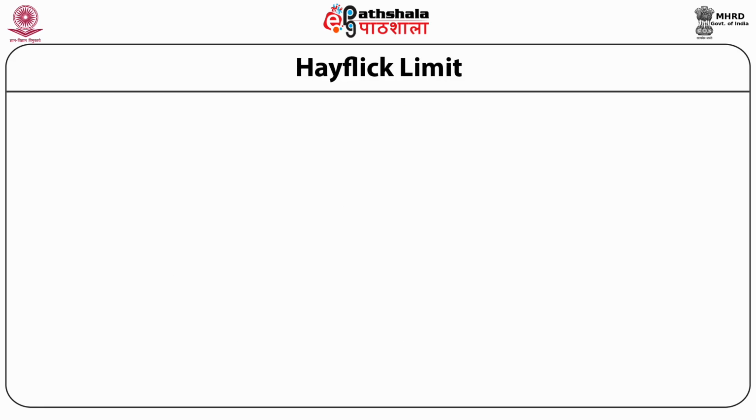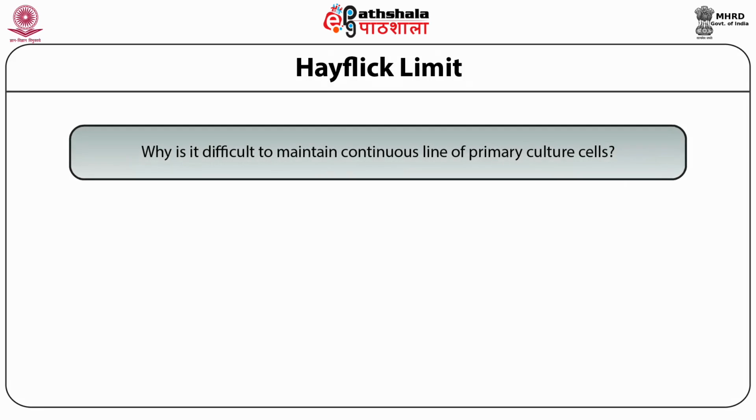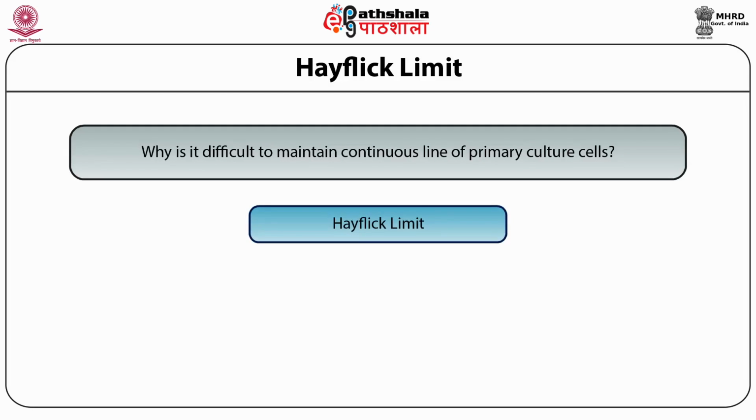It is important to know why it is difficult to grow continuous cell cultures from primary tissues. To understand this question, one needs to understand the phenomenon of the Hayflick limit, which is explained in the next two slides.